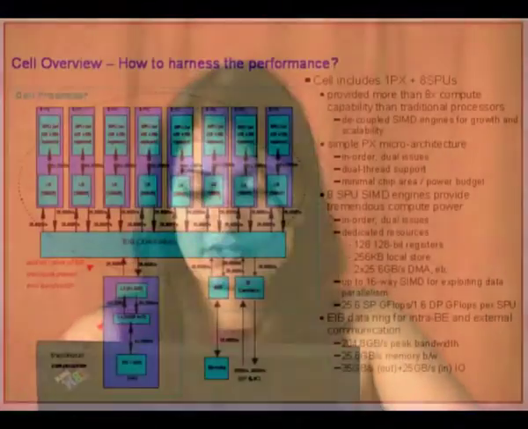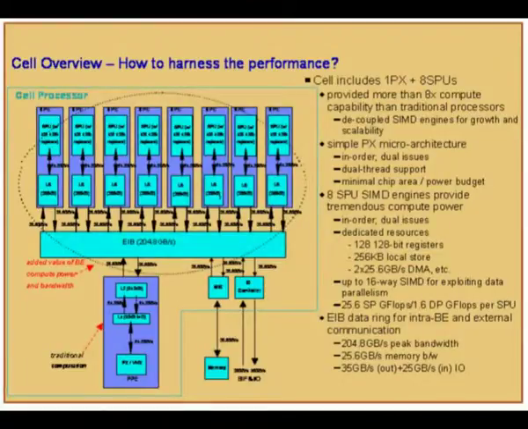As my performance goes up, my power needs to be low. So: 128 registers, local store, DMA bandwidth of 25.6 gigabytes per second, 16-way SIMD fashion, fully coherent buses and memory. Peak bandwidth for EIB is 204.8 gigabytes per second.